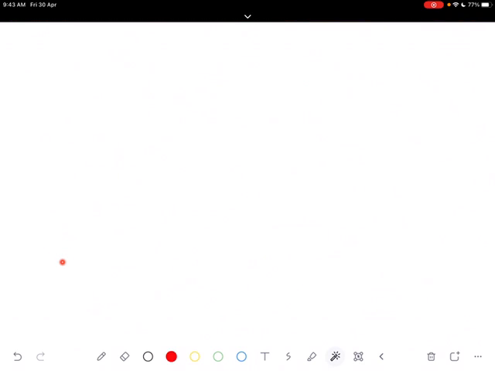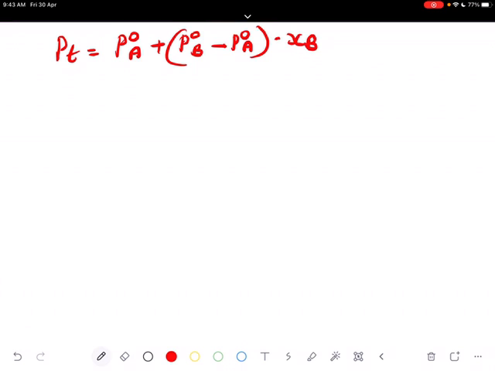Let's analyze this equation. P total is equal to P naught A plus P naught B minus P naught A into XB. So this is y is equal to mx plus c.